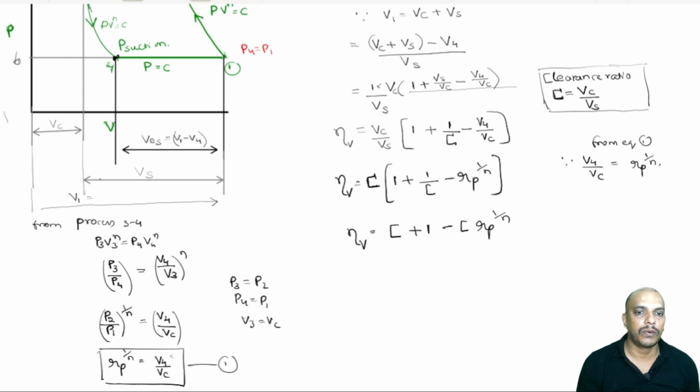Now regroup it so that we write C on one side. So 1 plus C, if I take C common in these two, into 1 minus Rp power 1 by n. So this will be our volumetric efficiency equation.